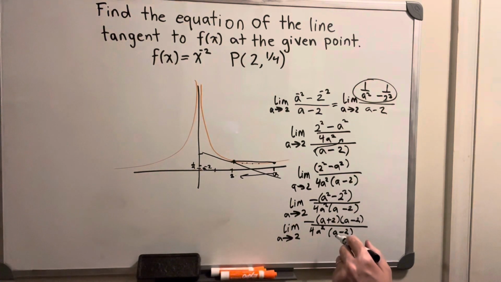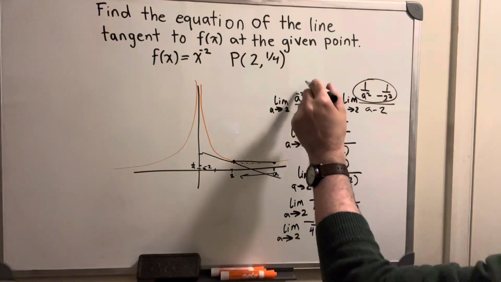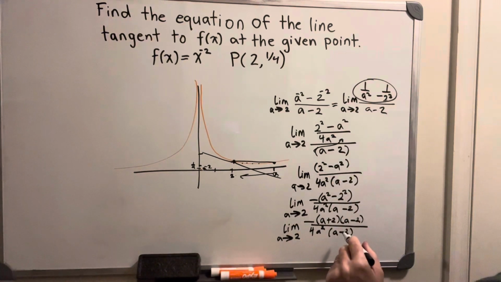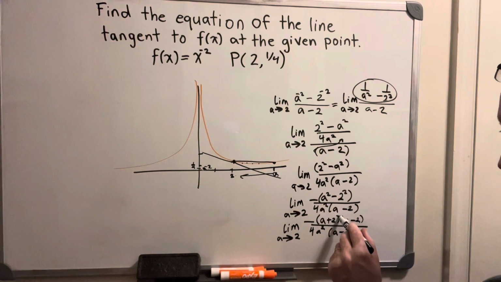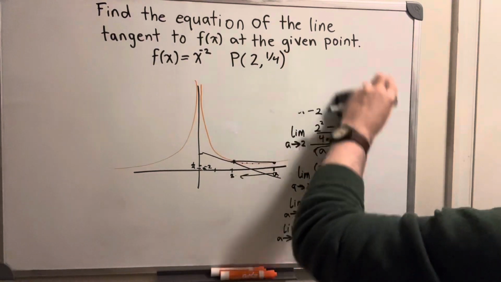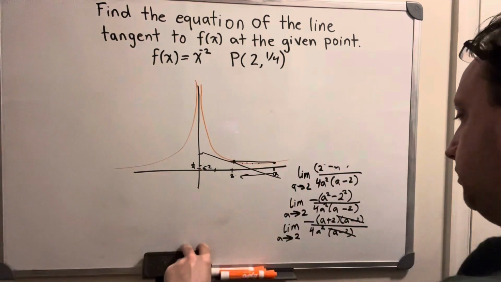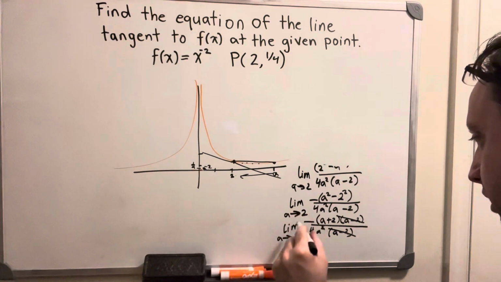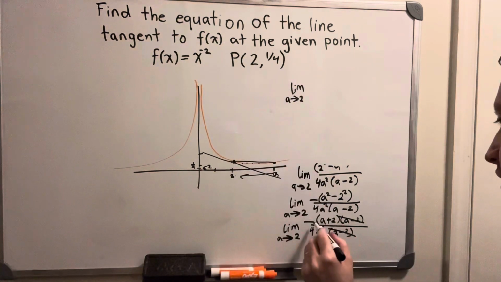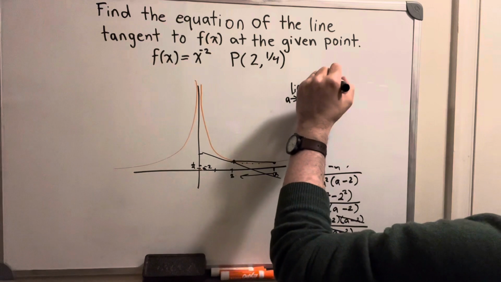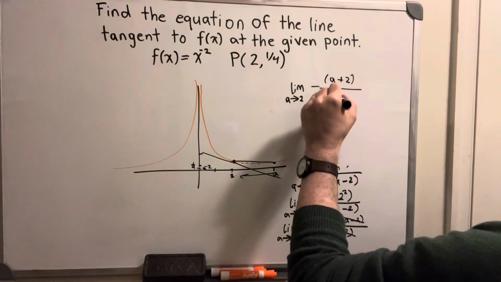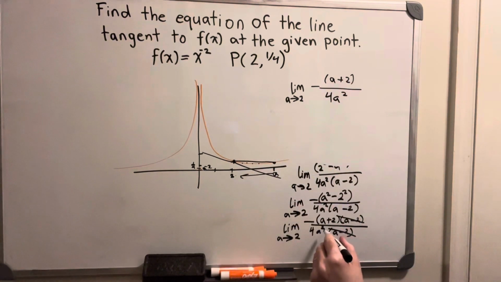And finally, we can cancel out this a minus 2, which leaves us with, let me erase some things up here, the limit as a approaches 2 of minus a plus 2 over 4a squared.